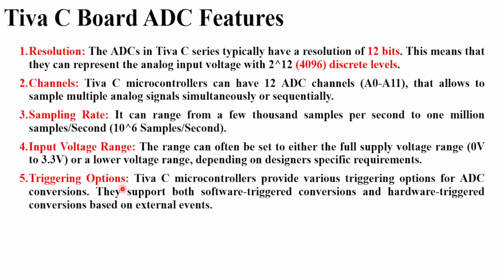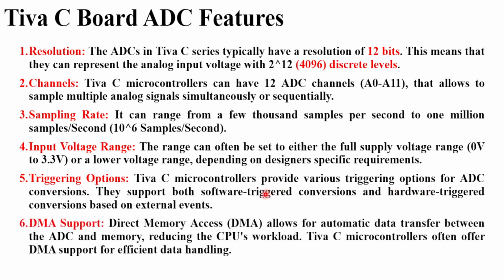The ADC starts its conversion based on triggering, and Tiva C provides both software-based triggering as well as hardware-based triggering. So you can start the ADC process by using software-triggered or hardware-triggered events.